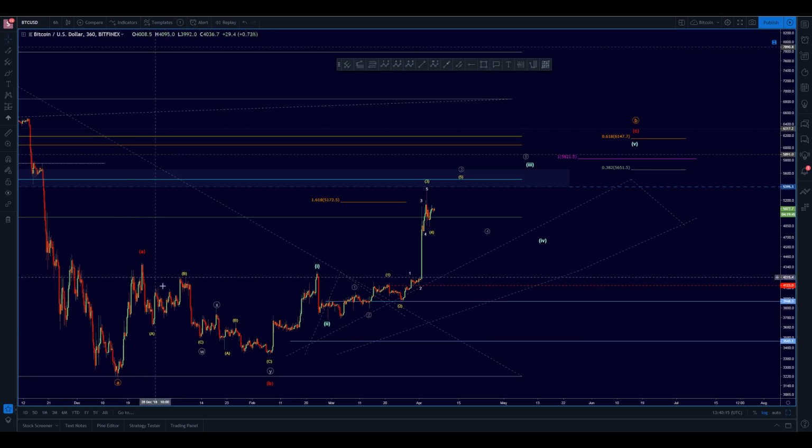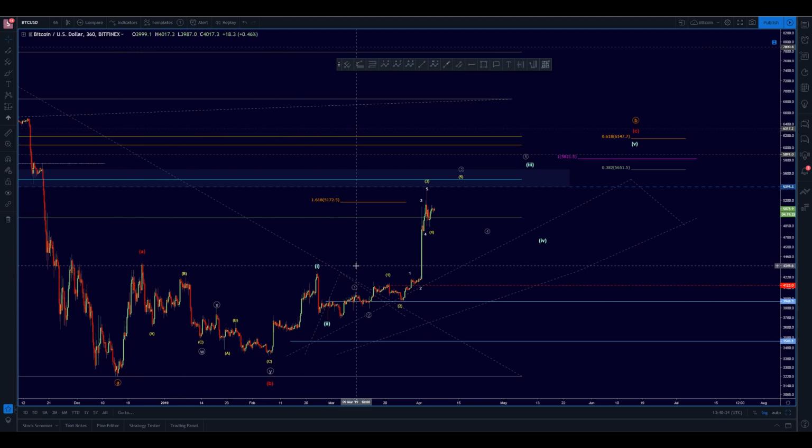But I see the clear impulse, corrective, and then we thought that was an impulse, but that could actually even be a zigzag. This is where there's a lack of clarity. But let's say impulse for this count that was short. And this is where I got real bearish, because we were showing divergence. We had an impulse without an extension.